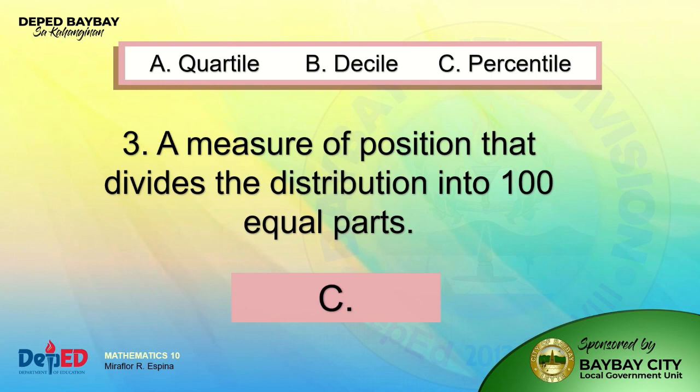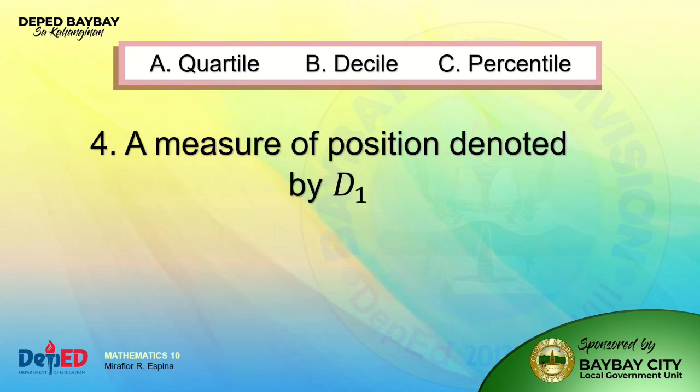How about number 4? A measure of position denoted by D sub 1. Your time starts now. Alright, time's up. The correct answer is B. Good job! You got the correct answer.